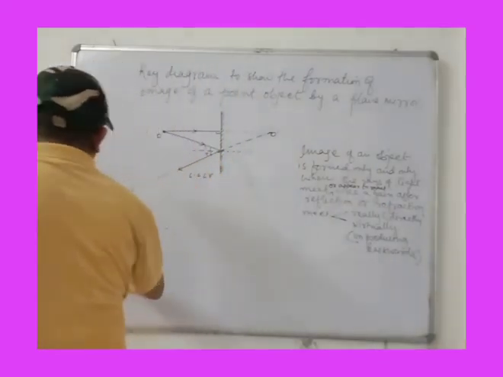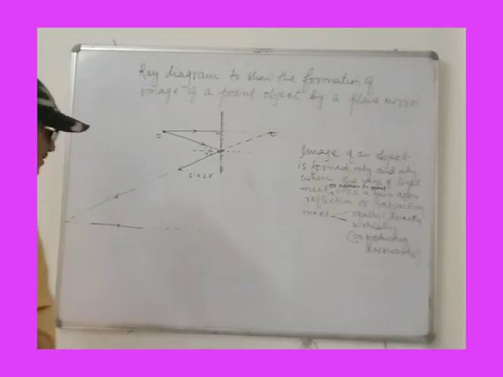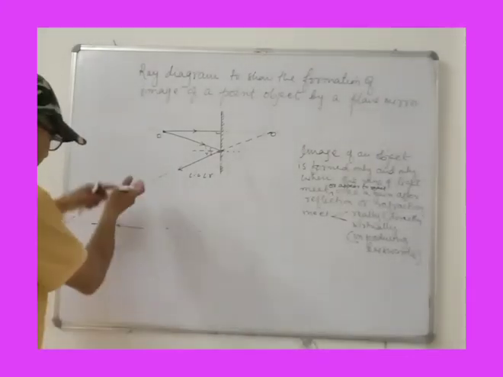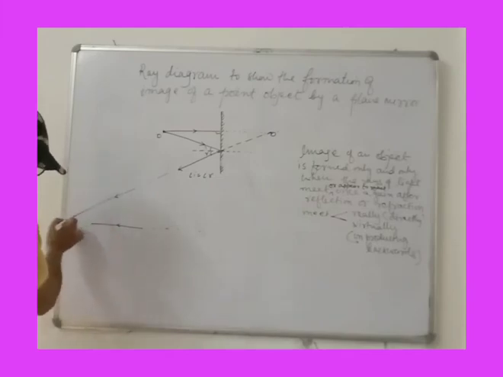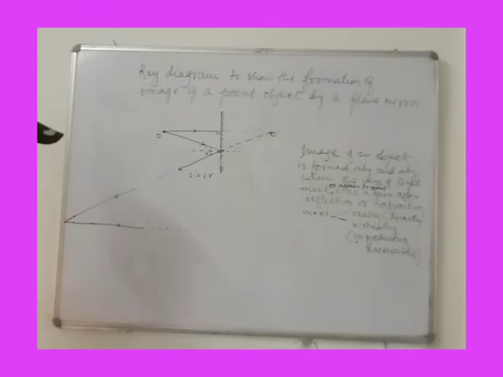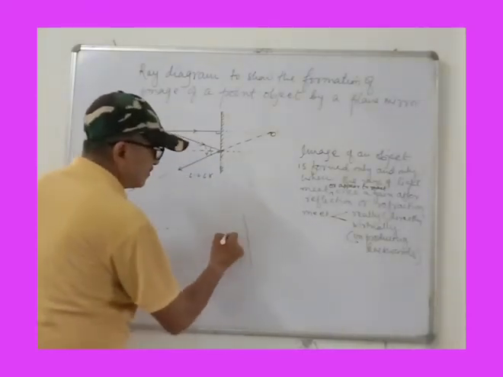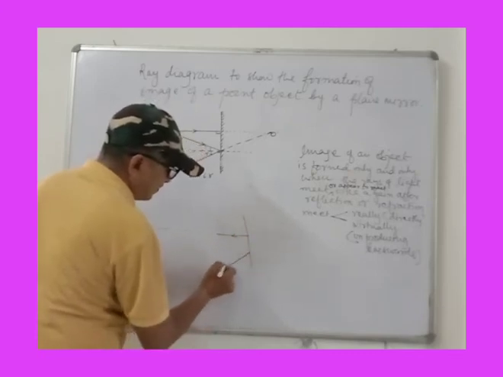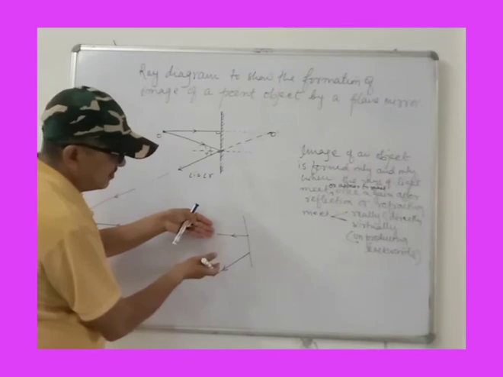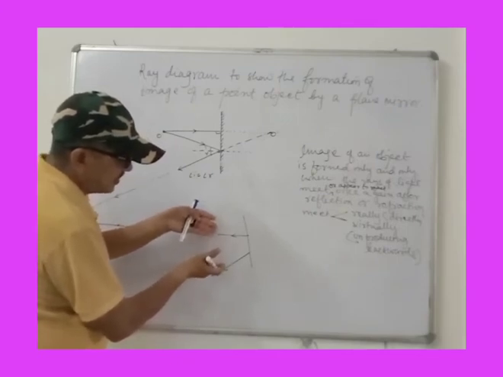Suppose they are returning in this direction, they will directly meet. It also comes and meets here. But if one is returning like this and one is returning like this, will they really meet?